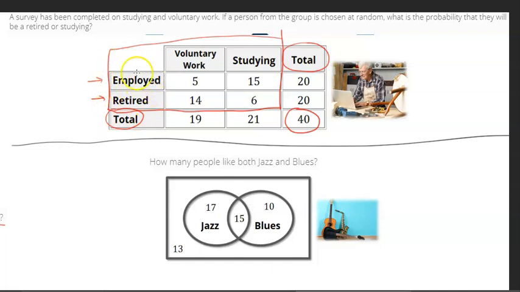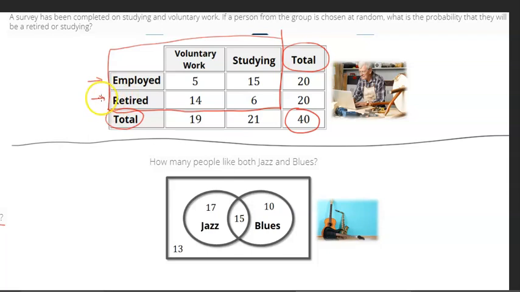From those people that do have a job, that are employed, 5 of them are doing voluntary work. And from the people that are employed and studying, 15 of those people. So all up, there are 20 people that are employed, split up into 2 categories, voluntary work for 5 and 15 for studying. And this also goes for retired, just for different numbers.